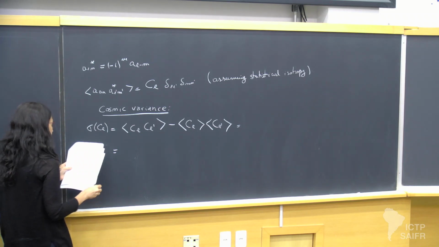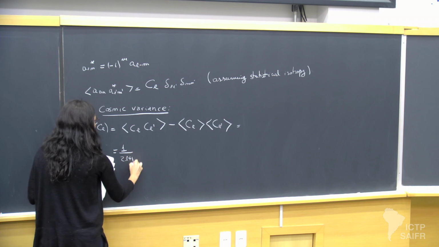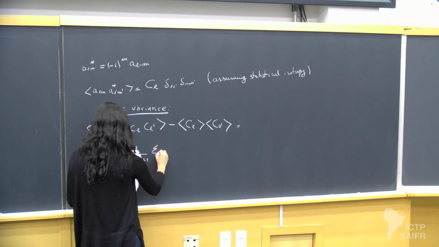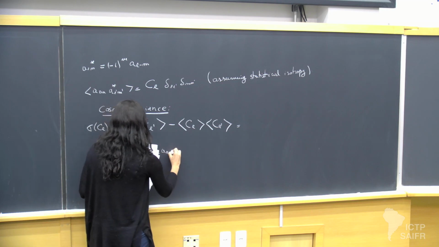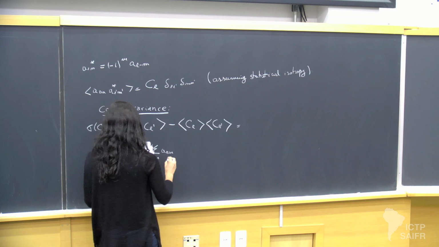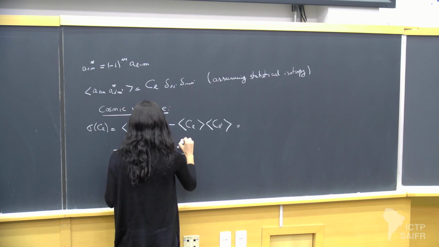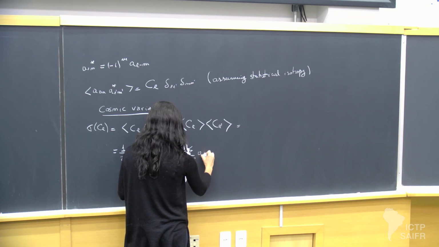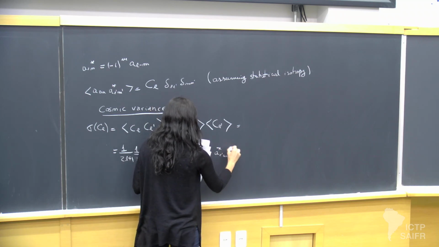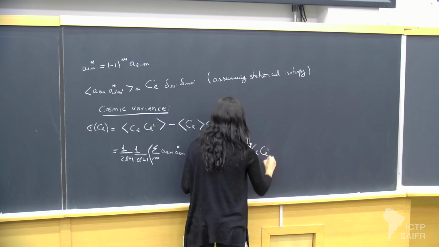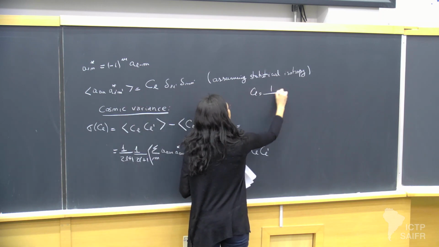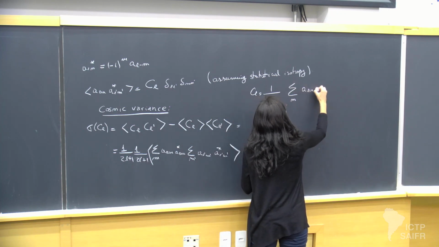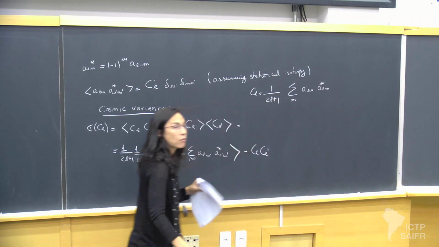So this is equal to 1 over 2l+1, 1 over 2l'+1, the sum over m of <a_lm a_lm conjugated>, the sum over m' of a_l'm' a_l'm' conjugated, minus <C_l><C_l'>. Okay, I'm writing C_ls here also. This is another way of writing C_l as 1 over 2l+1, the sum over m of a_lm a_lm conjugated.